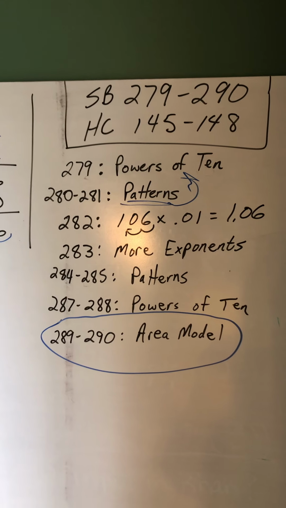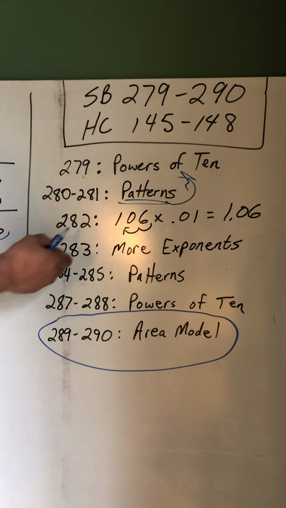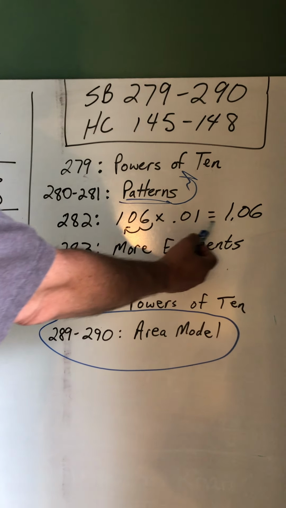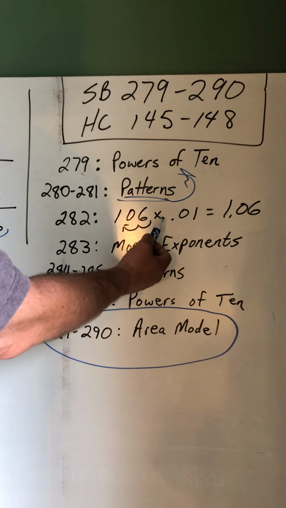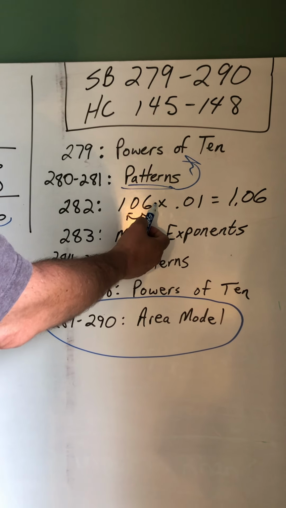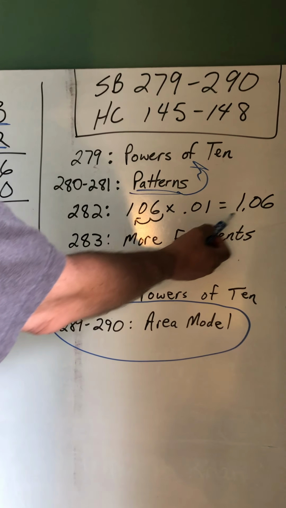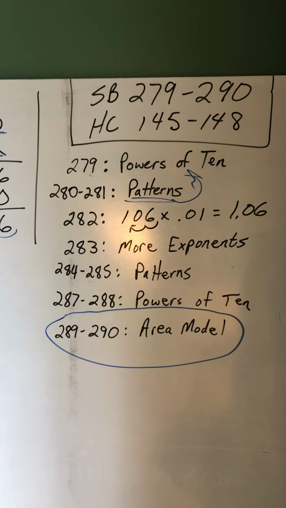Those 2 pages, they give you tables, and they want you to look for patterns. 282 are a bunch of problems like this. 106 times 0.01, okay? That's 2 decimal spaces over, and that's 1.06. So they want you to practice those.